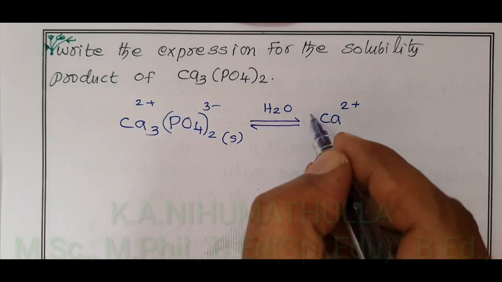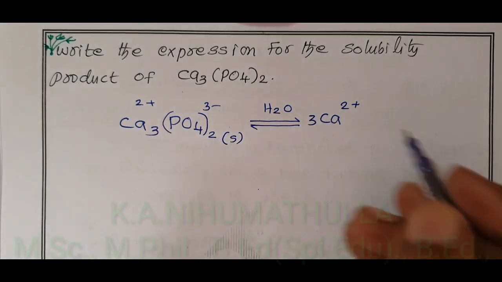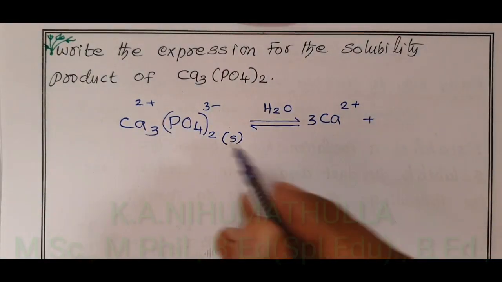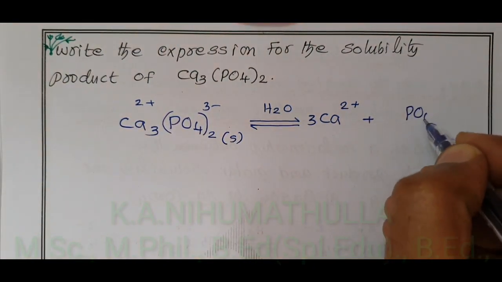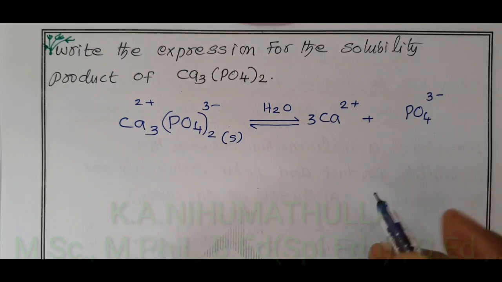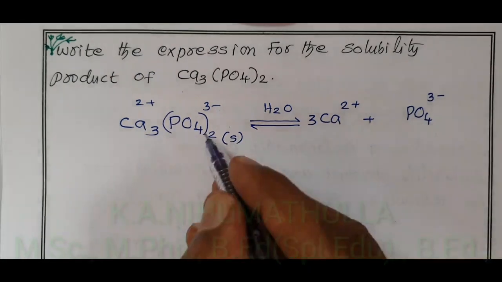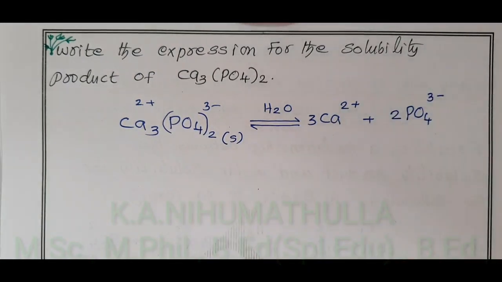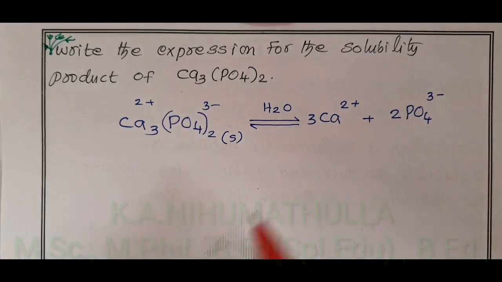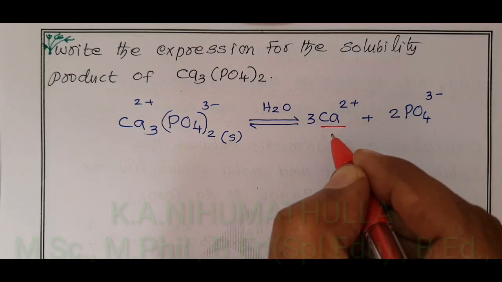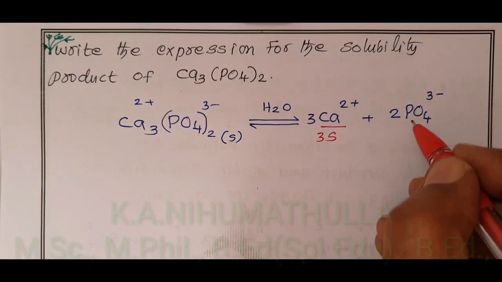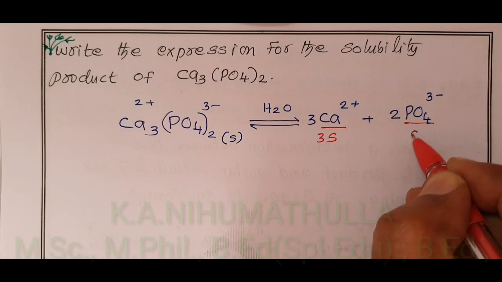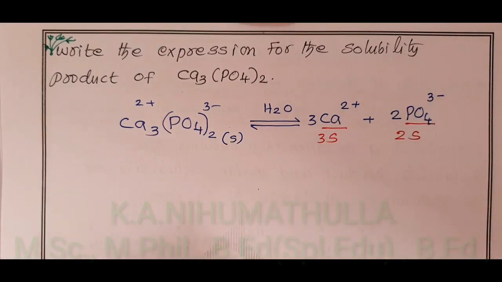How many calcium 2 plus ions? 3 calcium 2 plus ions, plus phosphate 3 minus ion, PO4 3 minus ion. How many phosphate? 2 phosphate. For the calcium 2 plus ion, the molar solubility is S, and before it the 3 is added along with the S. For PO4 3 minus ion, the molar solubility is S here too, with coefficient 2.